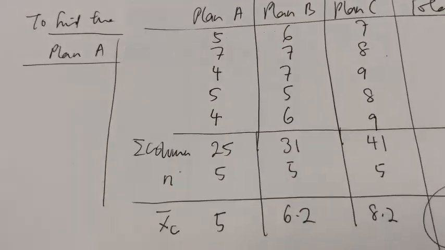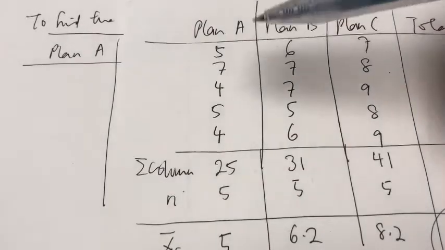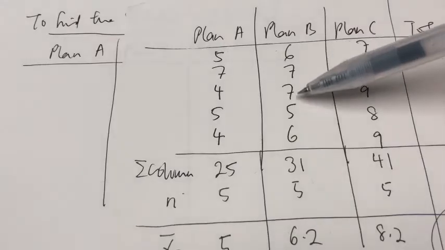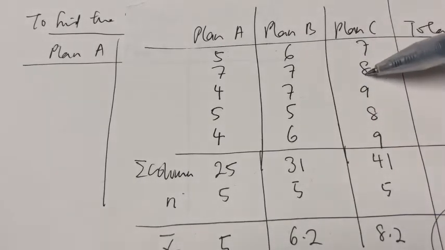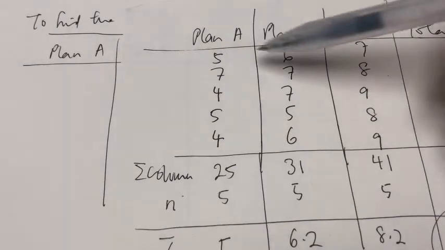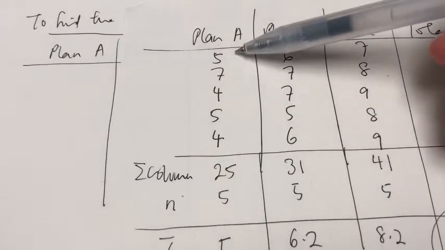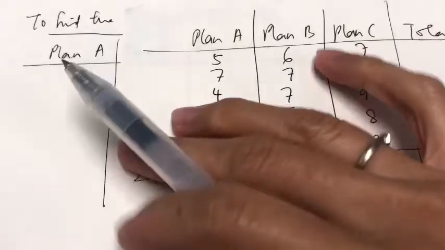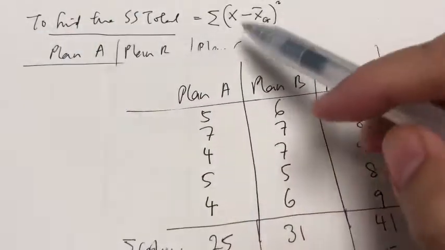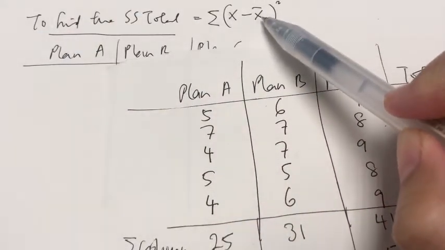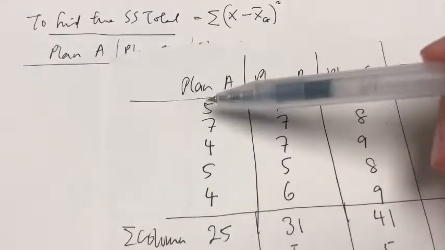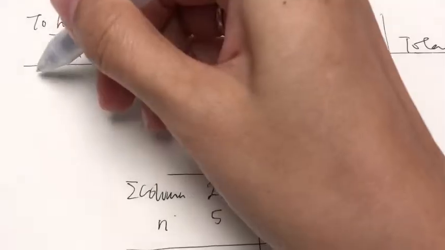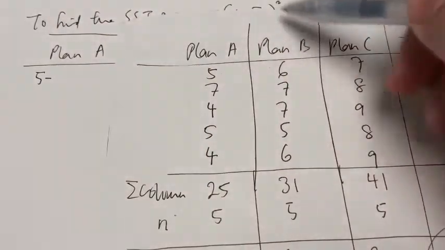Now let's look at plan A first. All of these values are x, meaning the random variable. These are all of the weight loss recorded from each participant under each diet plan. Now let's see the formula just now: x minus grand mean. Looking at A first, we take the x, which is 5 in this case, minus the grand mean.